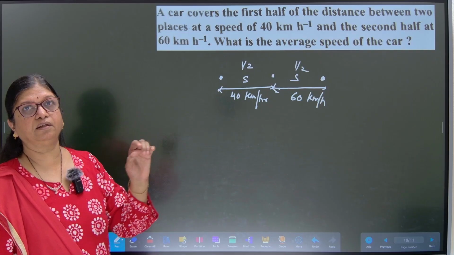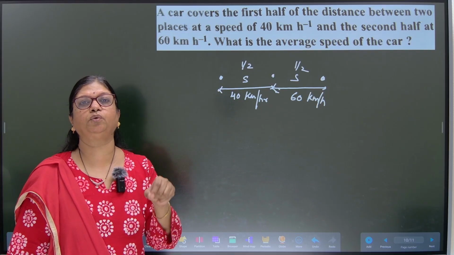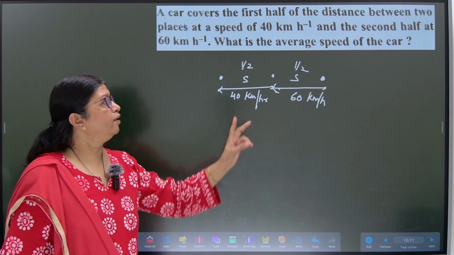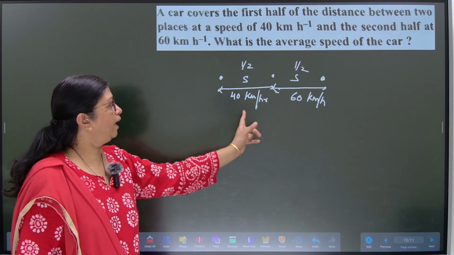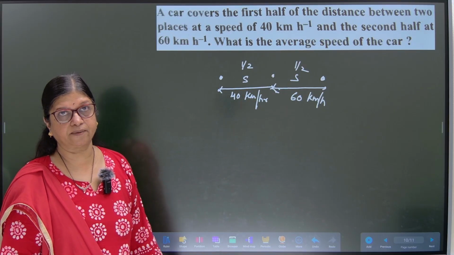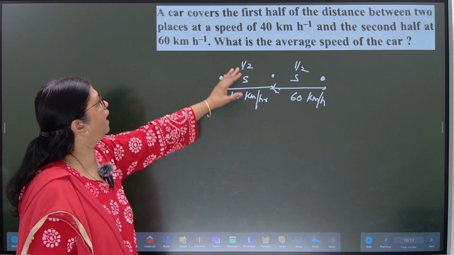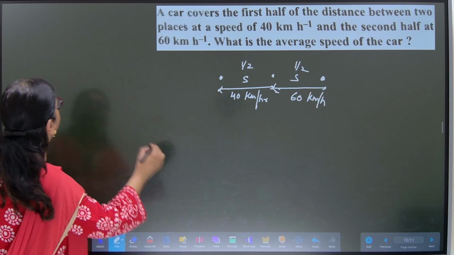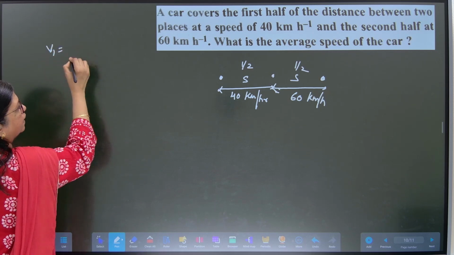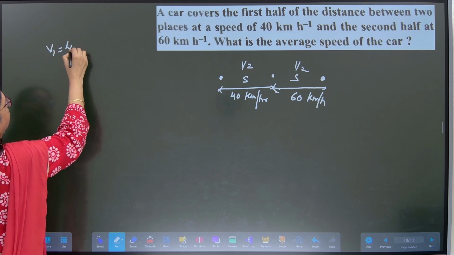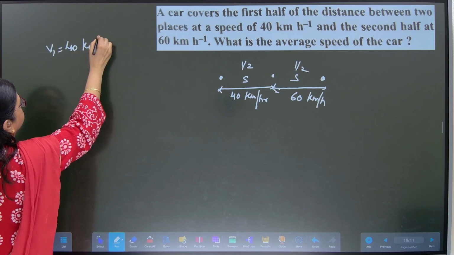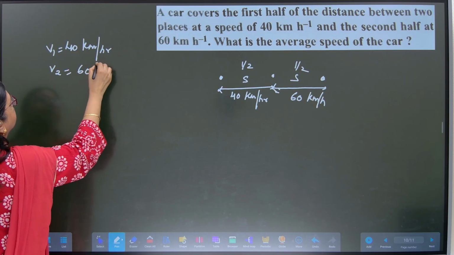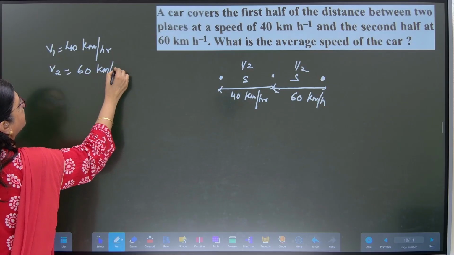Now here, if you remember, when I taught you the theory in the previous video, when distances are the same and velocities are different, we directly write down the average velocity formula. So let us write V1 is equal to 40 kilometers per hour. V2 is equal to 60 kilometers per hour for the second half.